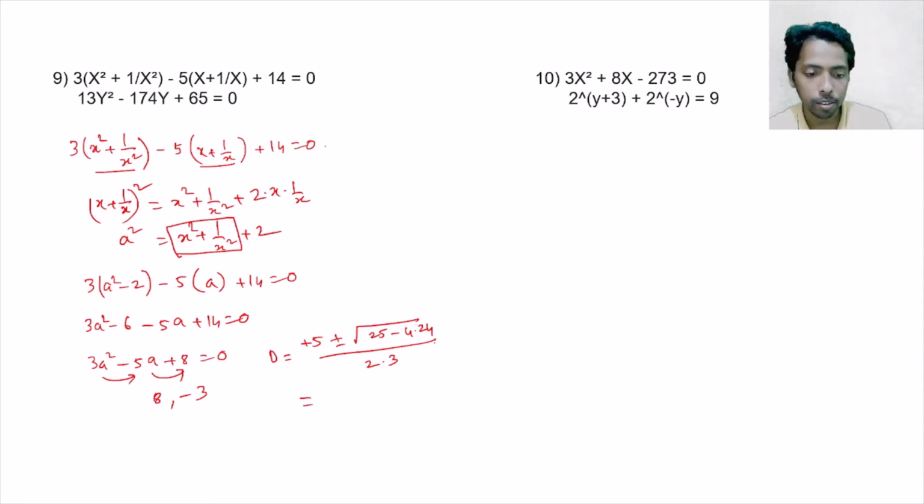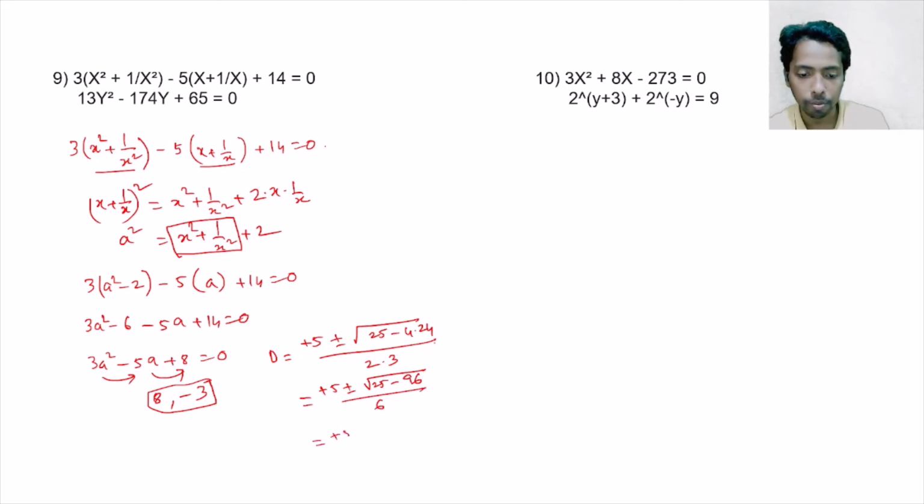So we cannot use the method with two different signs having two different roots. Why? Because here are two sign changes, 3a square minus, positive to negative, negative to positive, two sign changes, that means two signs would be needed. So this is 5 plus minus square root of 25 minus 96 divided by 6.